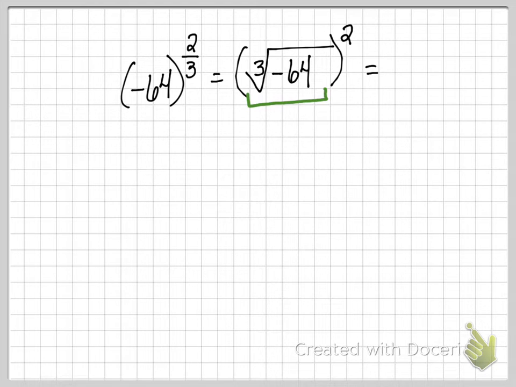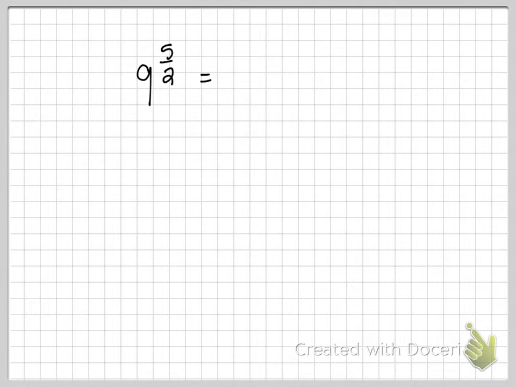What is the cube root of 64? Negative 4. And that to the second becomes 16. It's positive because that negative 4 is in parentheses, so we're multiplying negative 4 times negative 4, which is a positive 16.